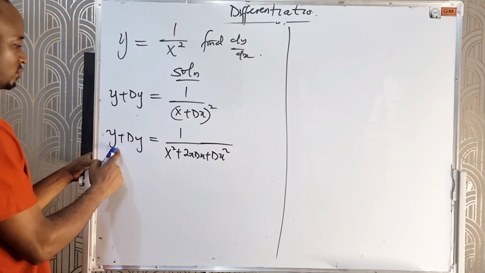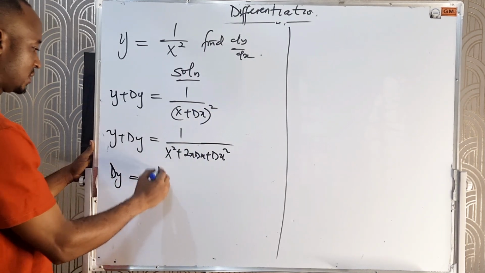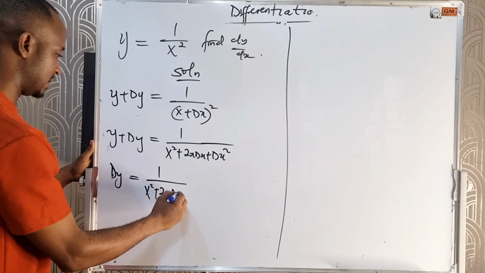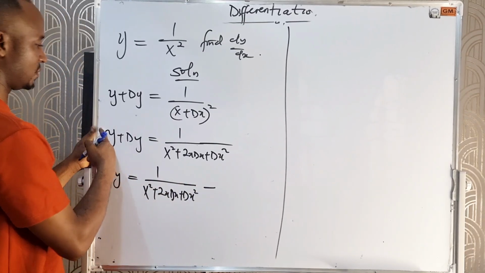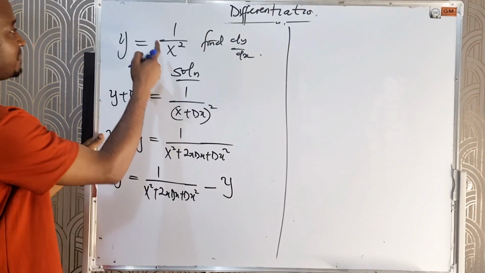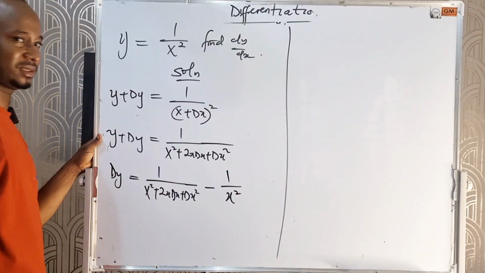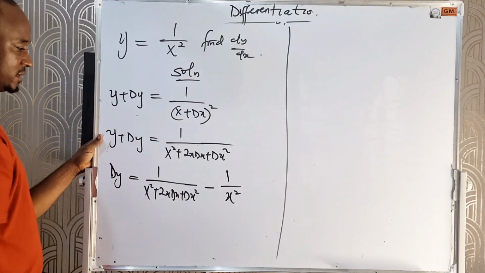Okay, the next is to move this y to the other side. We have delta y equals 1 over x squared plus 2x delta x plus delta x squared minus y. But let me replace my y with 1 over x squared, right? Minus y is 1 over x squared.